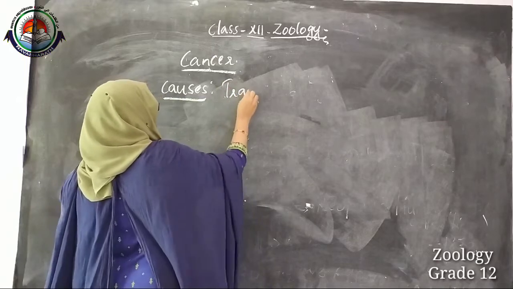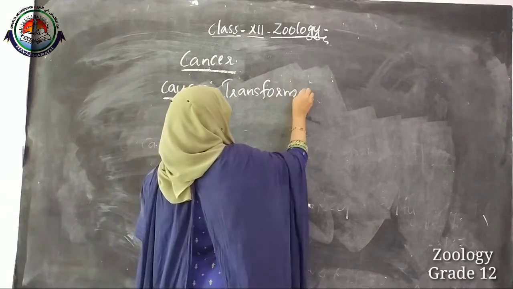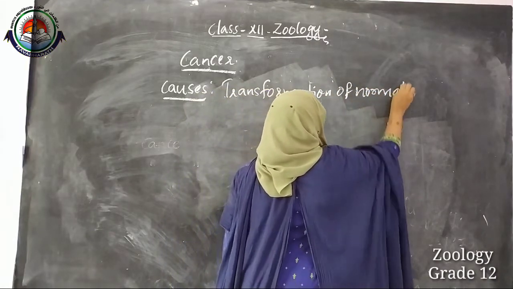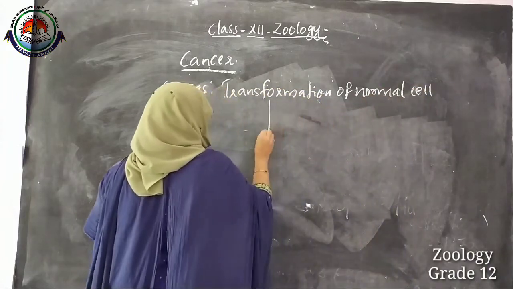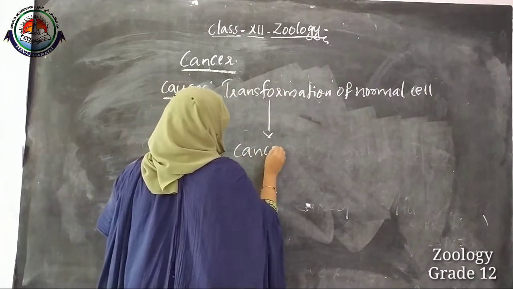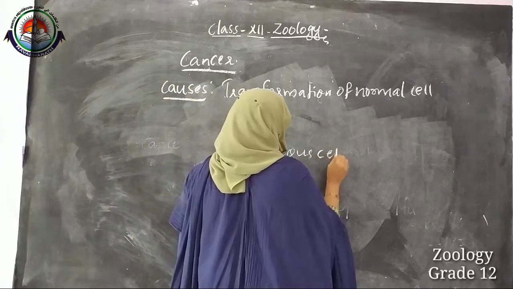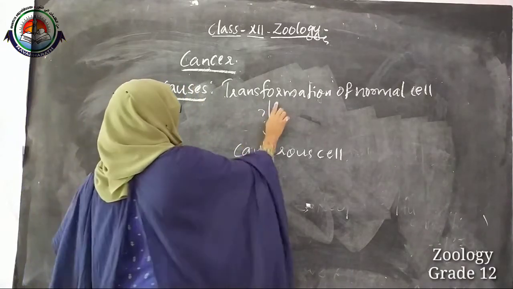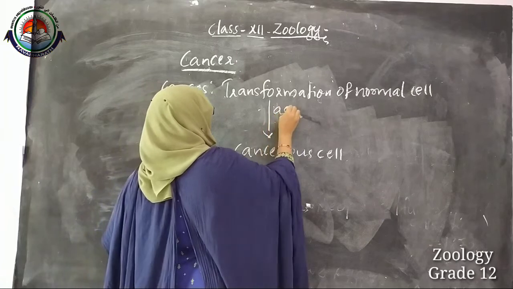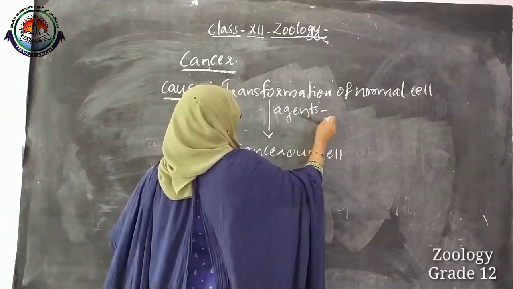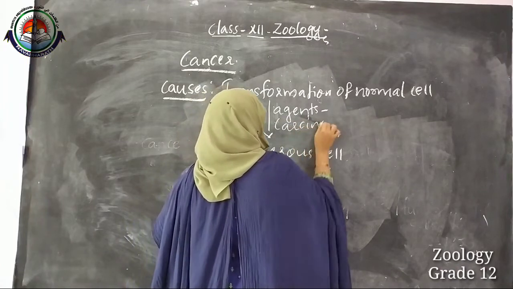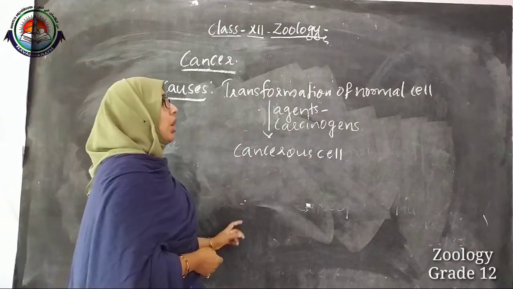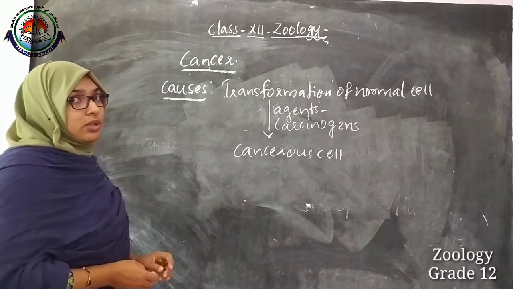The transformation of a normal cell to a cancerous cell is induced by some agents, and those agents are known as carcinogens. Carcinogens are the agents which induce the transformation of a normal cell to a cancerous cell.